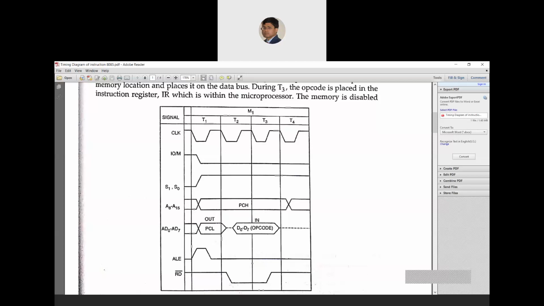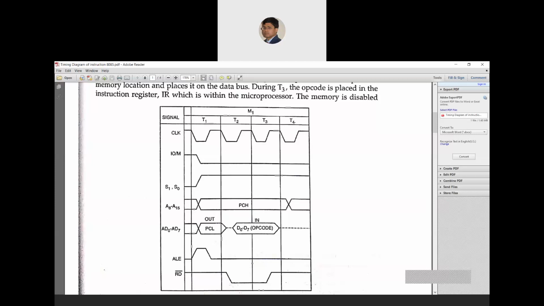This decoding and putting into the decoder is extra time involved in the opcode fetch operation, which is not present in the memory read or memory write operation. As there is an extra operation involved in opcode fetch, that is the decoding of the hex code coming from your memory block, it requires an extra T state, that is your T4.